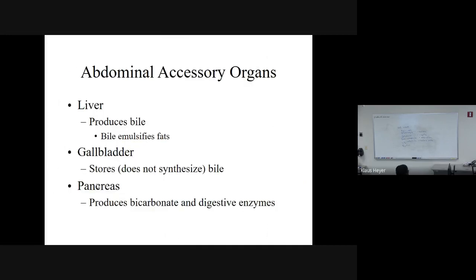And so there we go. So the liver does many things, but here with the digestive system, it's going to make bile. Bile is going to take the large drops of fat and make them smaller so that the enzyme, which is called lipase, can get to it.